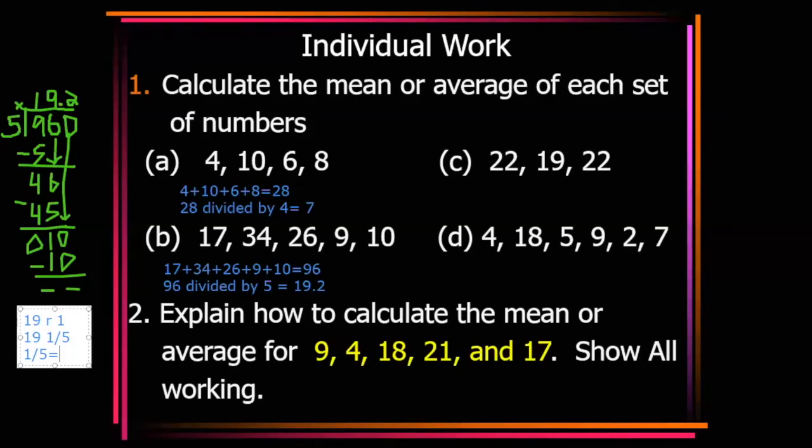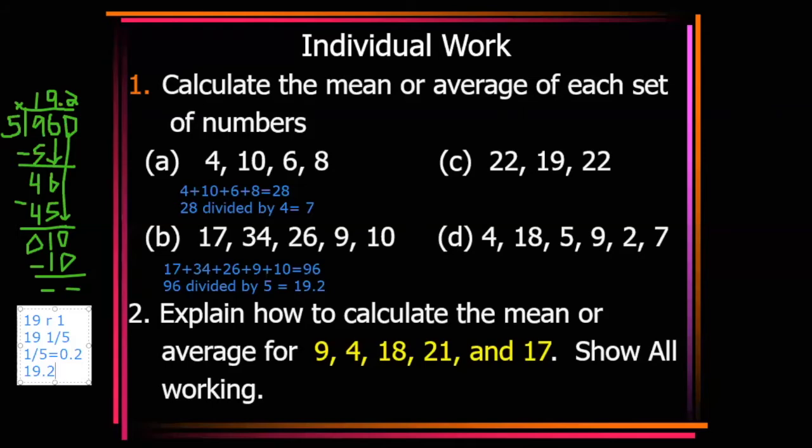Good, and 1 over 5 is equal to 0.2. Therefore, our answer was 19 and 1/5, and our decimal would have been 19.2. So remember, if you want to say remainder 1, express your remainder as a fraction.